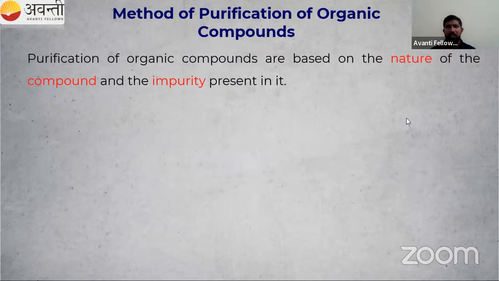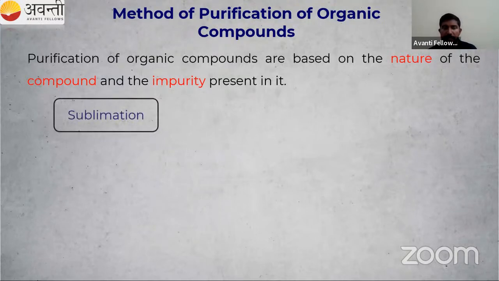So let us study this one. Purification of organic compounds. There are so many purification techniques. Which method should we use? How to select that? It is based on the nature of the organic compound and the impurity present in it. Based on these, we will select which purification method to use.